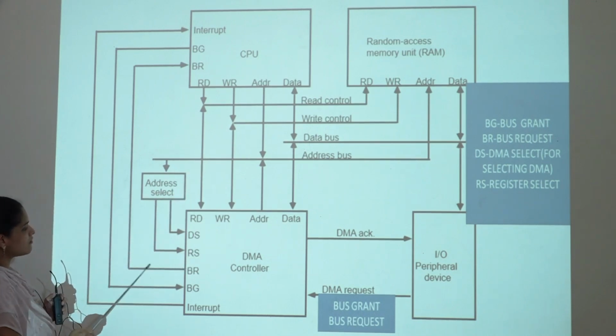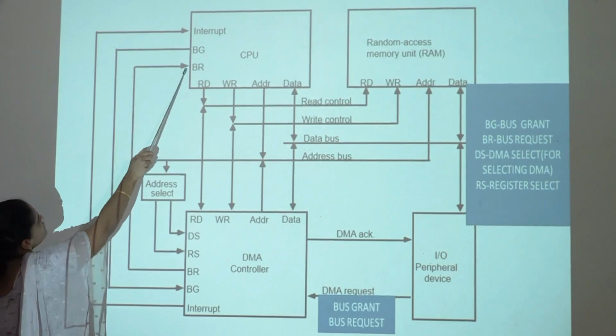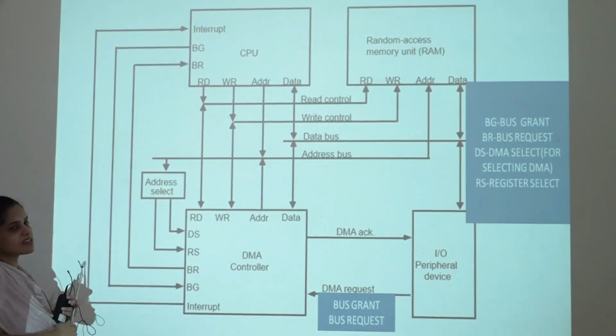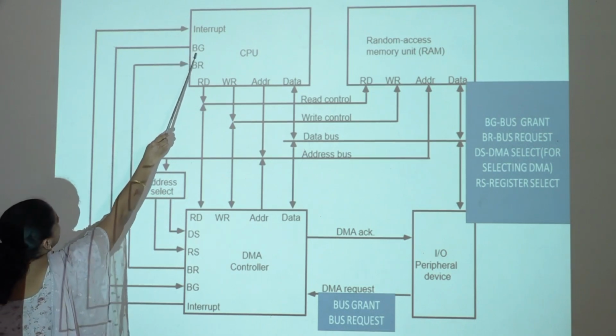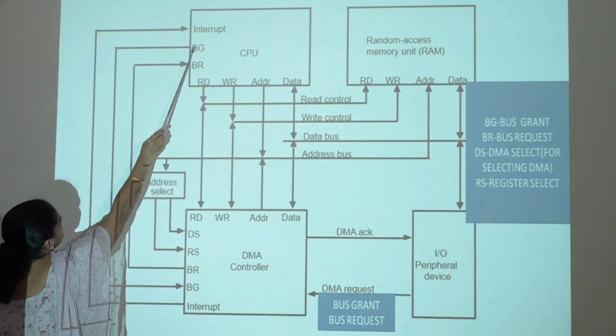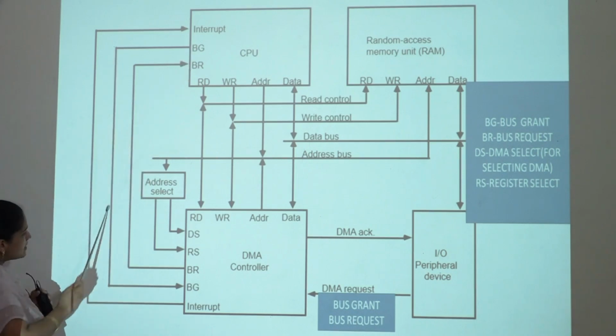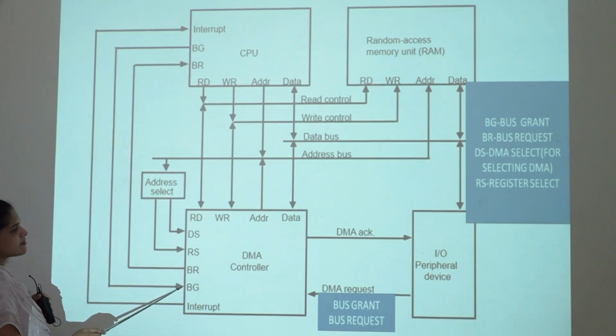So upon receiving the bus request, the CPU will generate a bus grant signal and will send that signal back to the DMA controller.